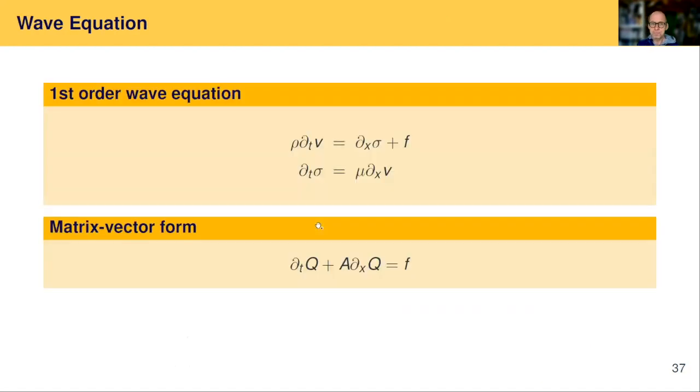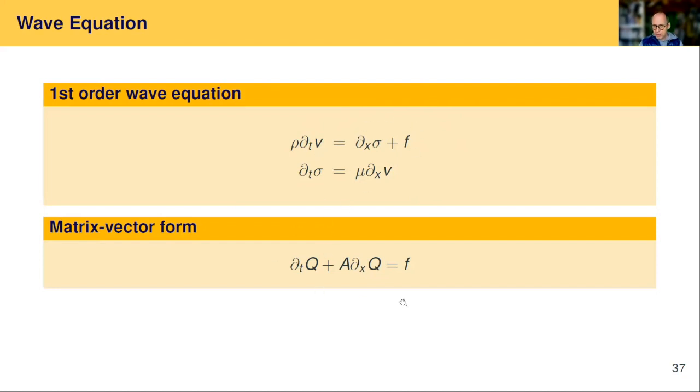Okay, now let's have a look at this. As mentioned a couple of times, we are solving the first order wave equation here in its coupled form. So that's a hyperbolic wave equation.